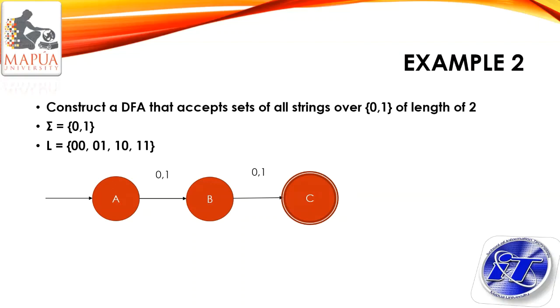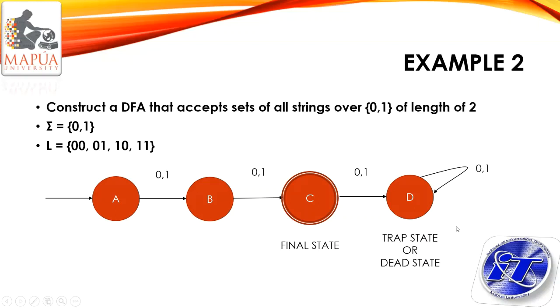They should be trapped so that they will be considered rejected. So the third symbol, and any symbol beyond the second, will go to a trap state, which is D. Any value after the second symbol will go to D. And if we are already in D, whatever symbol comes after will just loop within D. So D is our trap state. This is a simple DFA that follows this rule.